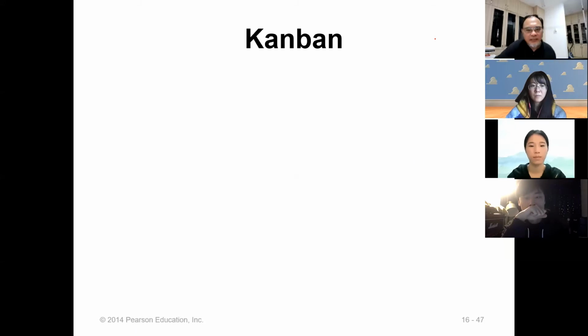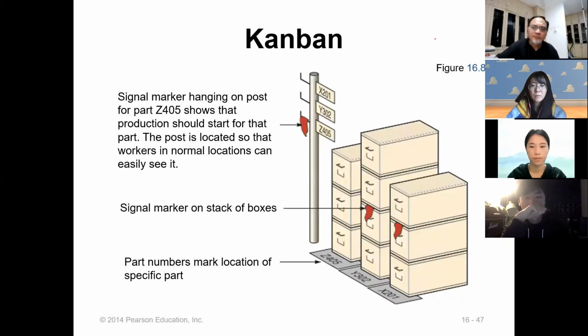This kind of signal marker. This is Kanban basically. Okay, you will have part numbers, marking the location of a specific part. So this is for this specific part. Signal marker on a stack of boxes. So this shows that when it reaches here, then you need to fill up, for example.